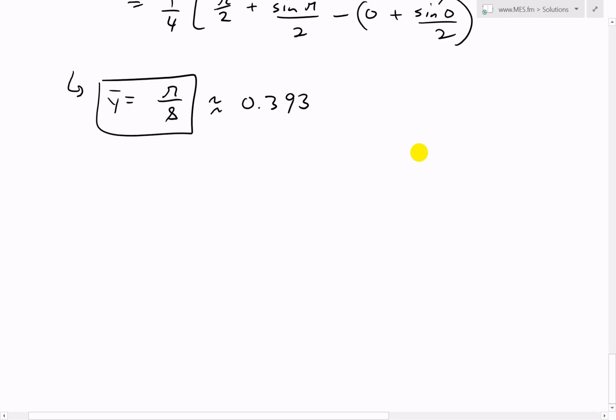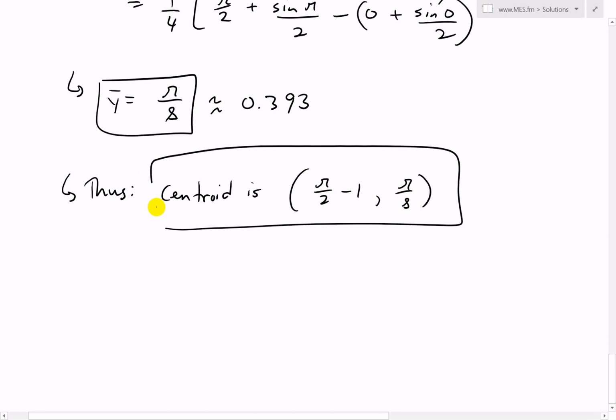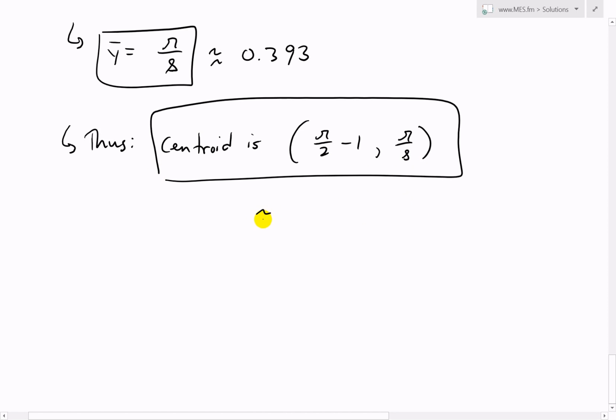Yes, so basically now the centroid of that region is at the coordinate pi over 2 minus 1 and pi over 8. Those are the exact terms, which is roughly equal to, if you use the rounded values, 0.571 and 0.393.